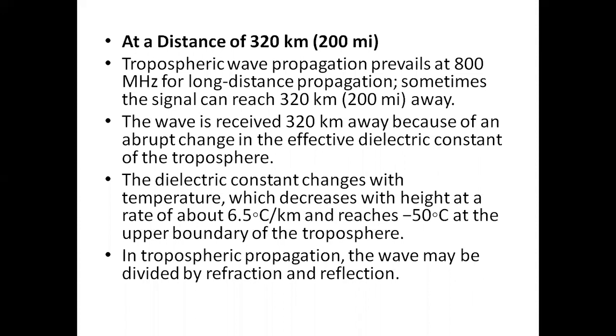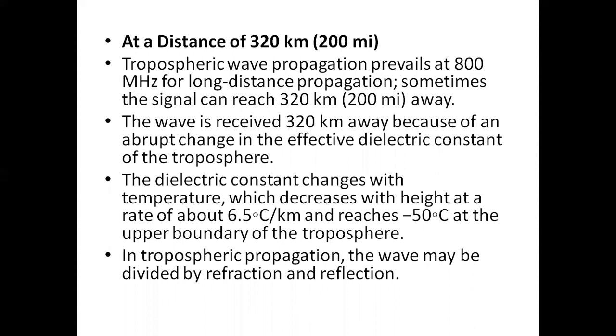So why can the signal reach 320 kilometers away? It means we are receiving the signal that far away because of the change in the dielectric constant. Why does the dielectric constant change? Because with the change in temperature, the dielectric constant also changes.